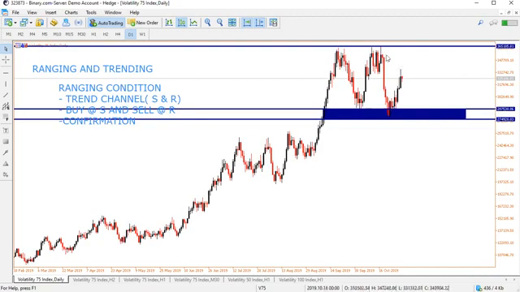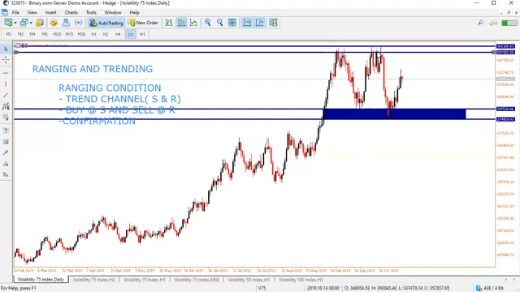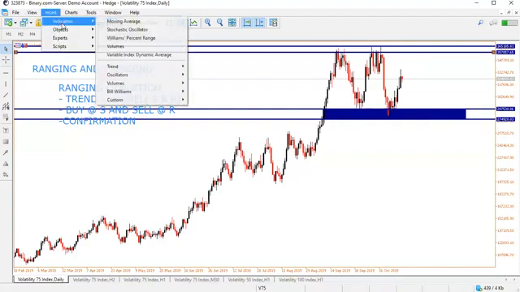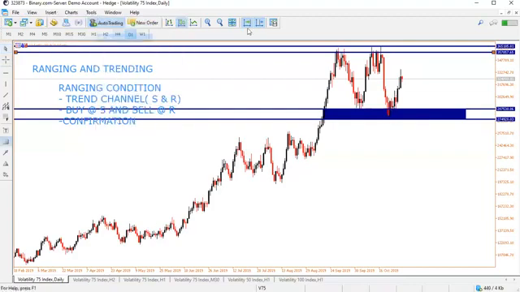So if ever we had a resistance zone here, we were going to have a support zone. In fact, we do have a resistance zone here. We can do this, all right? We have a resistance zone and a support zone.